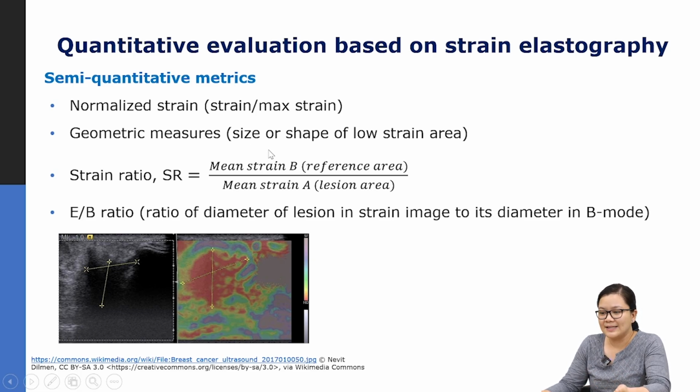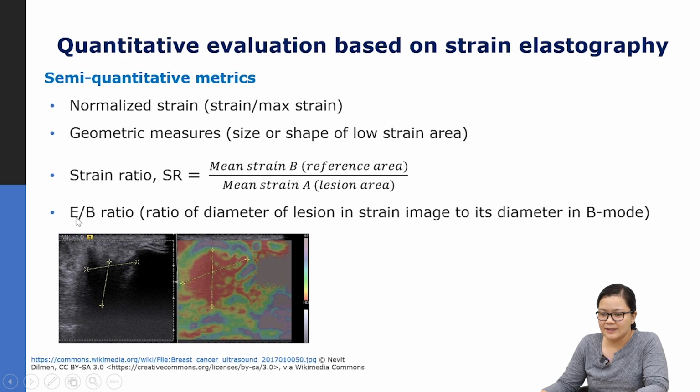You can look at the size or the shape of a low strain area. You can also calculate a strain ratio. Typically, how that's calculated is you select a region outside of the tumor and a region inside of the tumor. Here, the mean strain of B is the reference area outside of the tumor, and the mean strain of A is the tumor lesion area. Depending on these strain ratios, it will change, and you can detect whether the lesion is there.